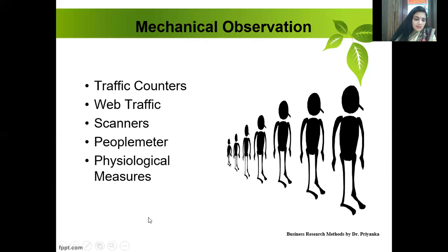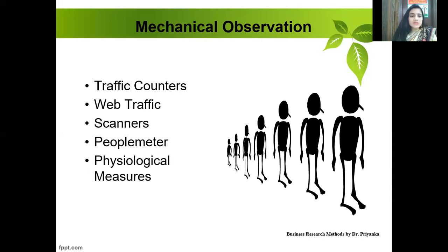Then physiological measures would tell you about their physiology about something, and there are meters for whether they behave well or not about something. These can further be divided into 4 parts. We'll discuss them in upcoming slides.